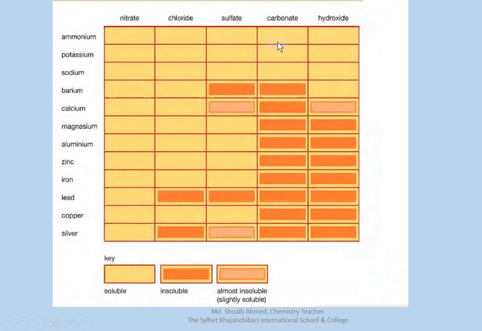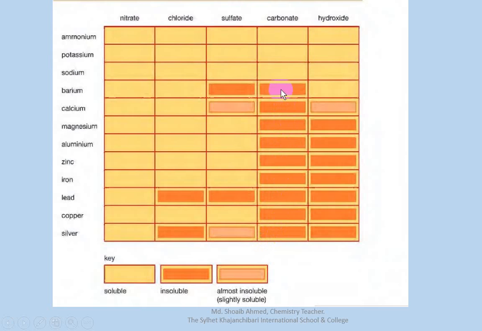Now look here, ammonium carbonate soluble, potassium carbonate soluble, sodium carbonate soluble. Only 3 carbonates are soluble, the rest of the carbonates are insoluble.